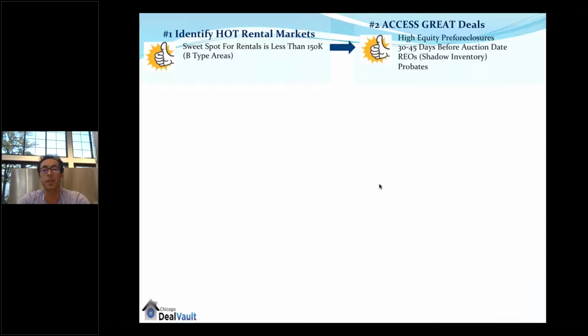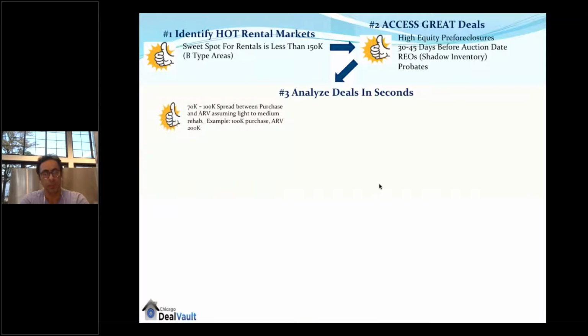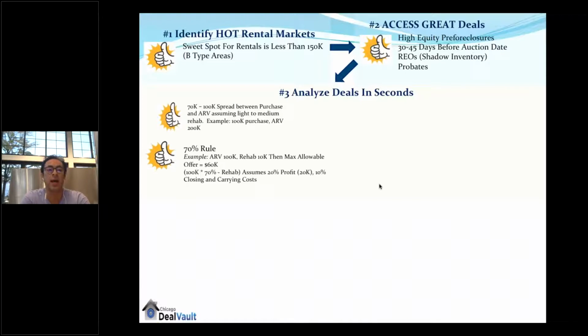Okay. The second thing that you need to understand is accessing great deals. Okay, those great deals, you need to have a lot of equity. So it could be pre-foreclosures, it could be upcoming auctions, shadow inventory, probates, but you need high equity, meaning $70,000 to $100,000 spread, which is what we just talked about when you analyze them in seconds.